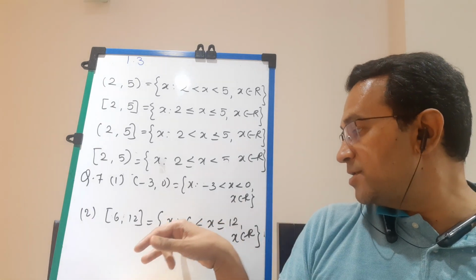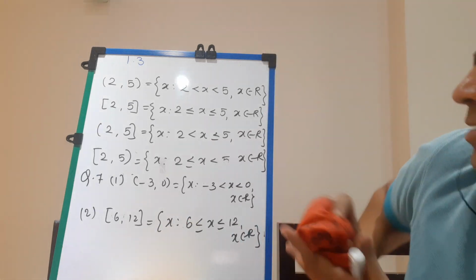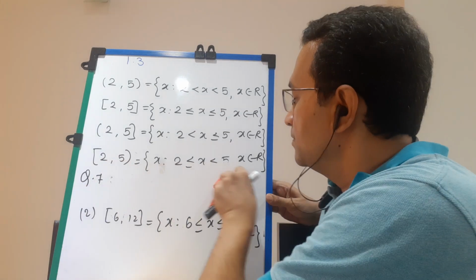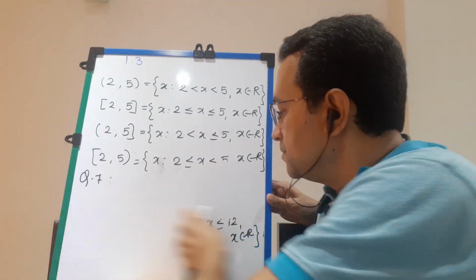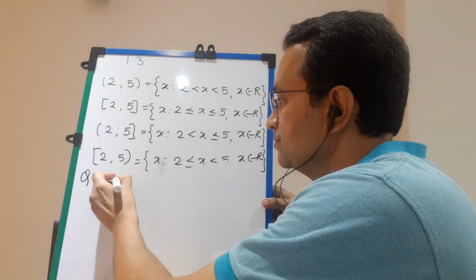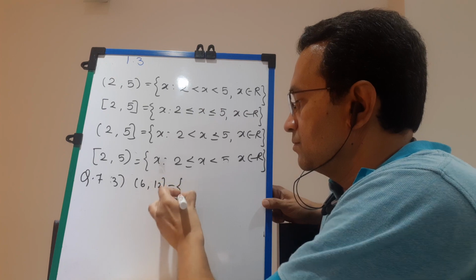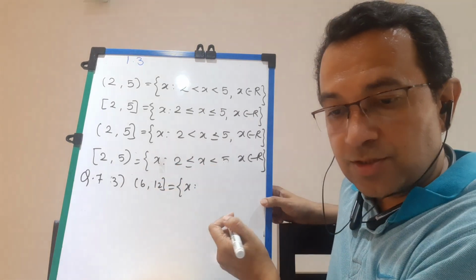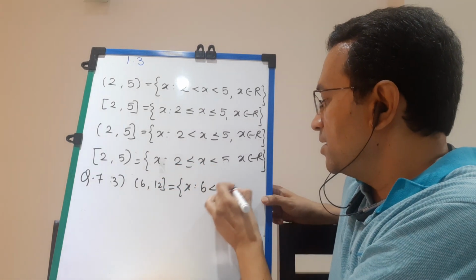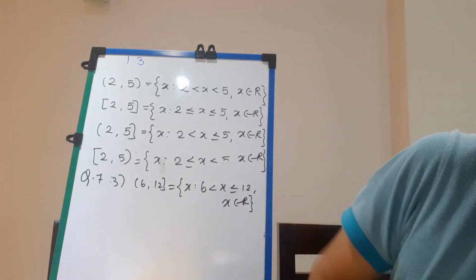So what will we write here? x such that 6 is less than x less than or equal to 12, x belongs to R.